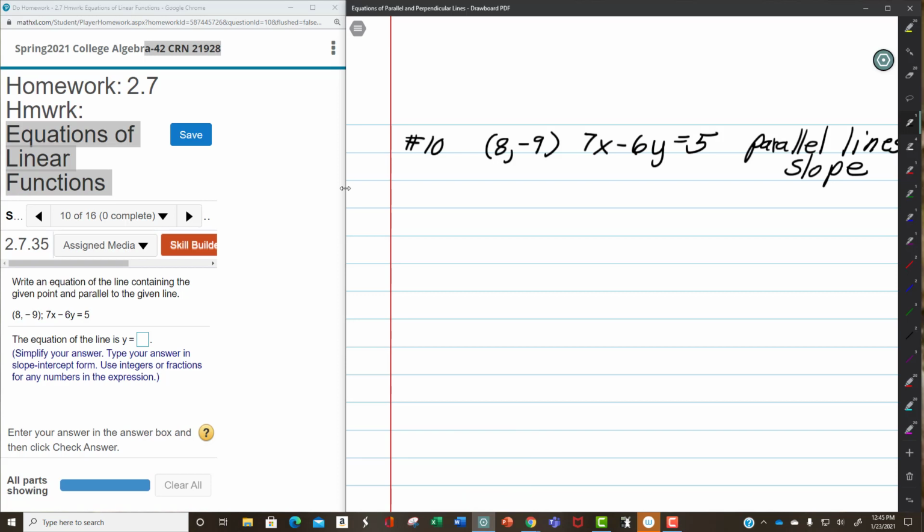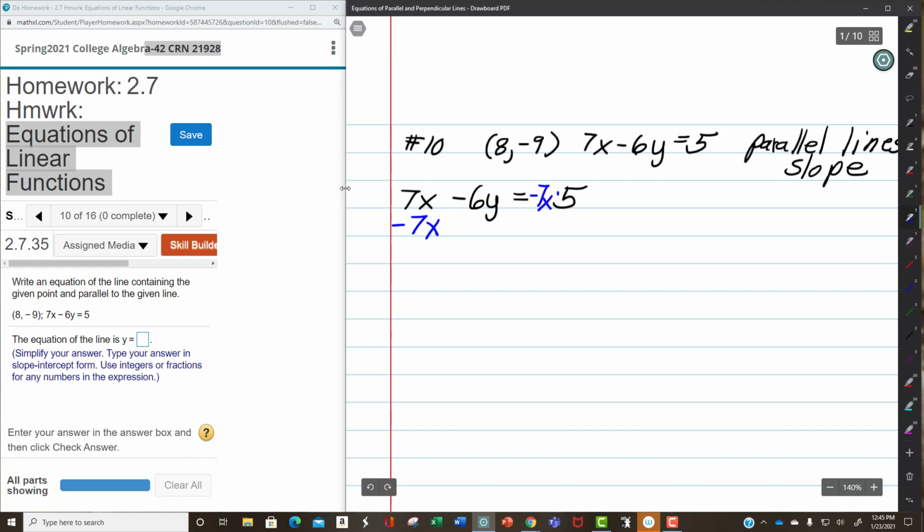Let's come down here. All right, the given line is 7x minus 6y equals 5. Now I solve for the y term by subtracting the x term from both sides.